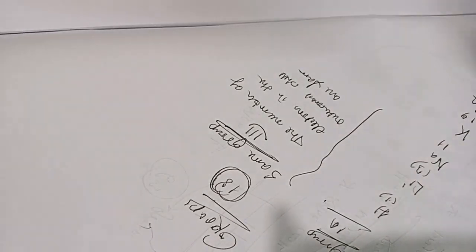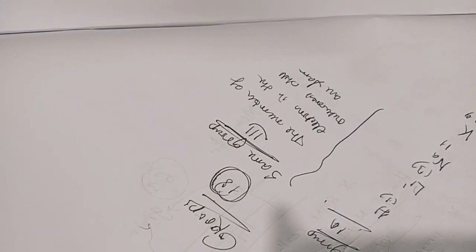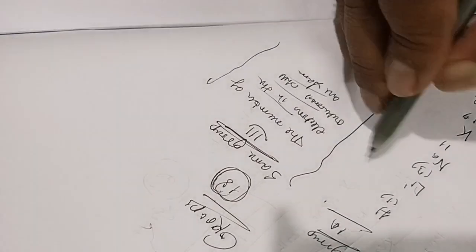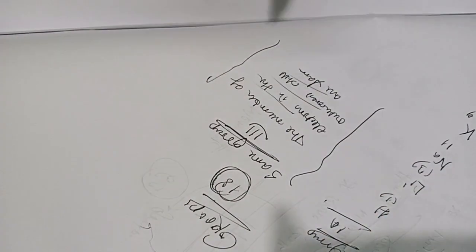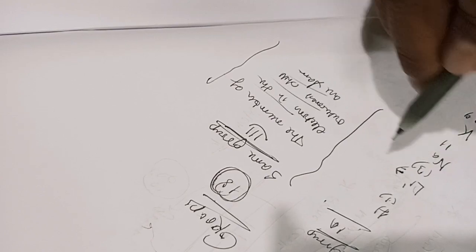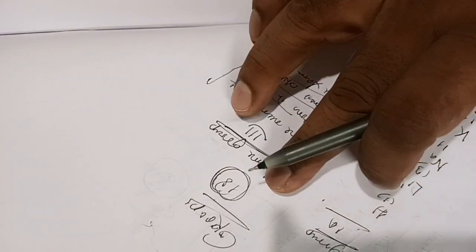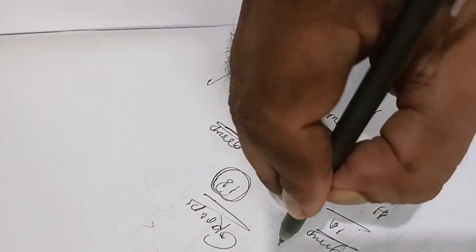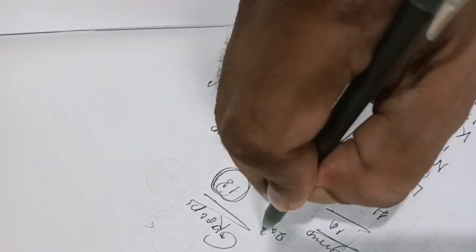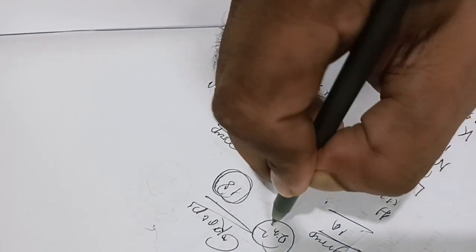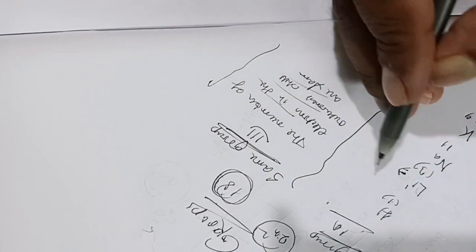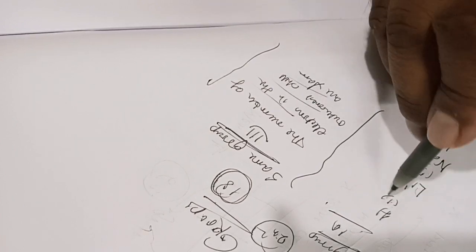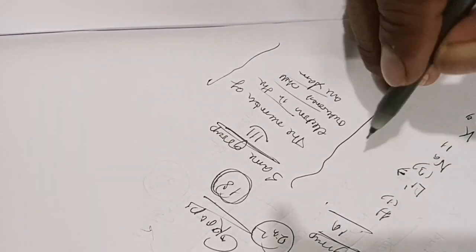Let's try to explain this concept, the number of electrons in the outermost shell. From the atomic number we can get the electronic configuration, calculated by the formula 2n squared, where n is the number of the shell from the nucleus. Lithium has 3 electrons.